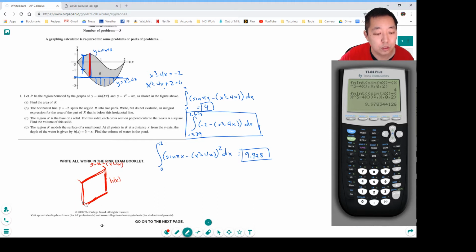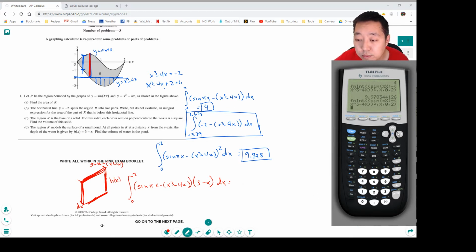If you think about the third dimension, the thickness is dx. So the volume of this slice of water is sine pi x minus x cubed minus 4x, that's the length of this side, times h of x, which is 3 minus x, and then dx. So this is length, width, height, or thickness. Then I get the whole volume by adding up all of these slices from 0 to 2.